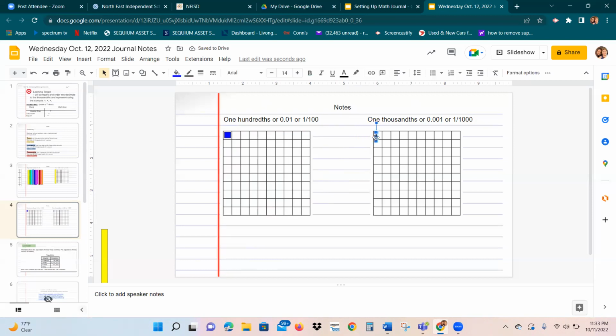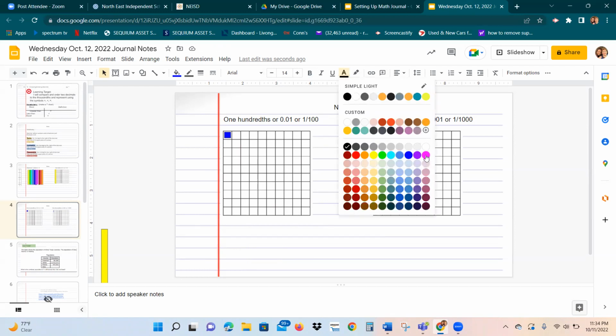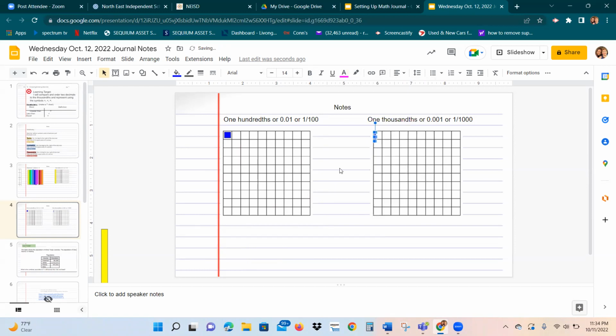So you got the idea, right? I don't know why the color changed. So this is going to represent 1/1000ths, because 10 little of these will go into each one. And let me change the color on that. Let me do hot pink. That'll be good.